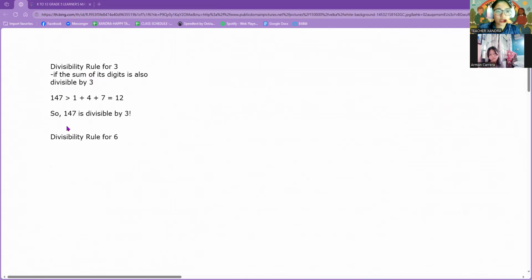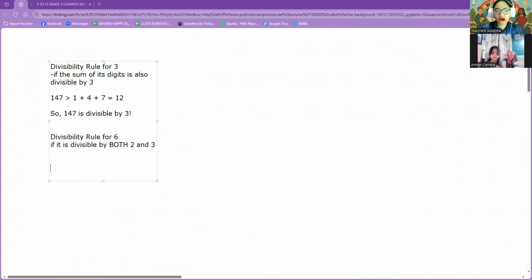So the divisibility rule for 6, again, is that it must be divisible by both 2 and 3. How to check?